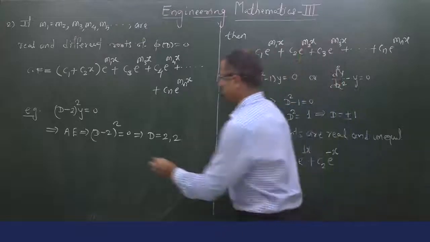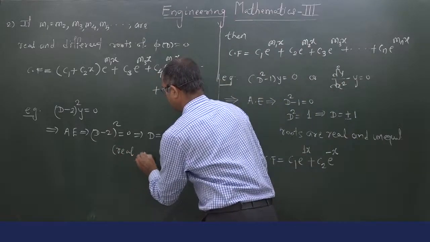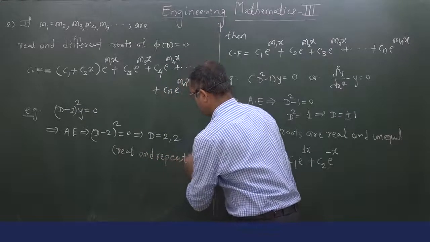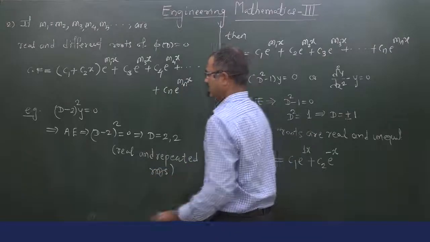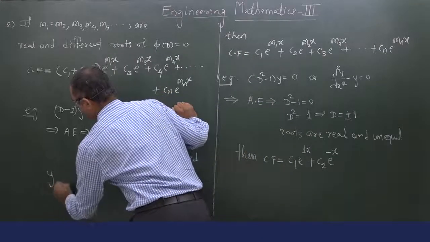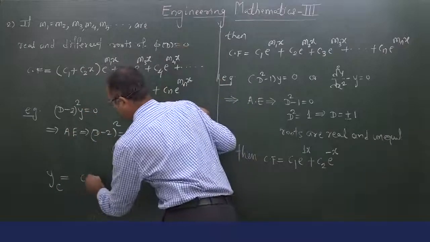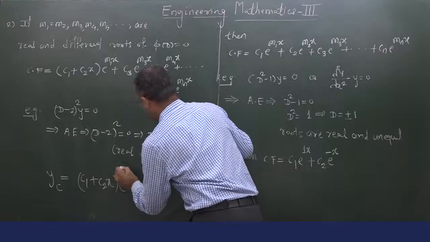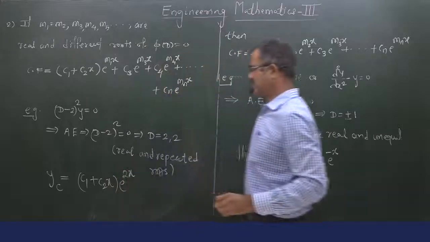So here the roots are real and repeated. Therefore, the complementary function of this differential equation is equal to (c1 plus c2x) e to the power m1x, m1 equal to m2, that is, e to the power 2x.